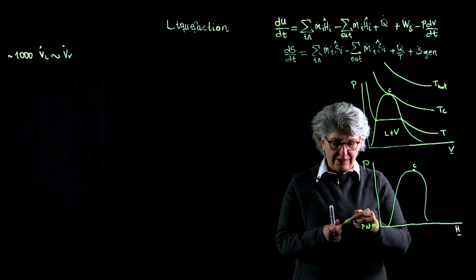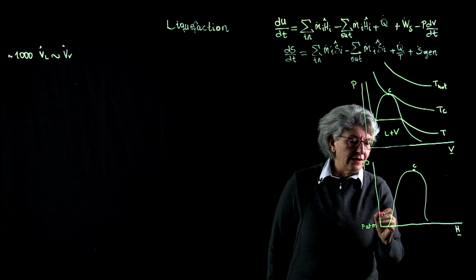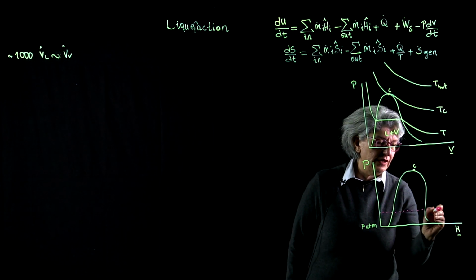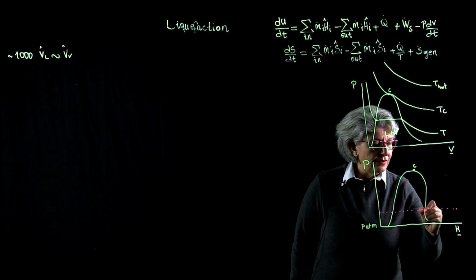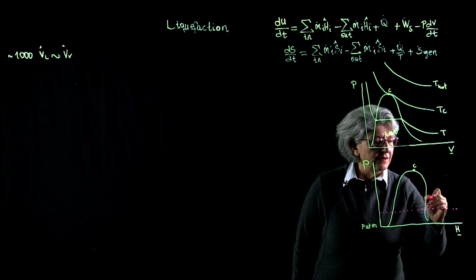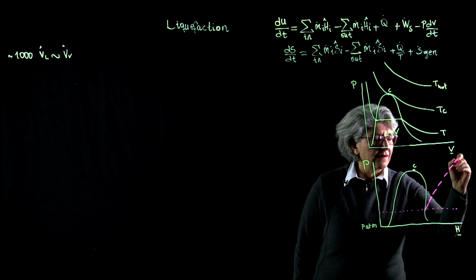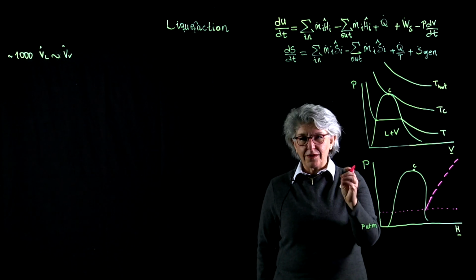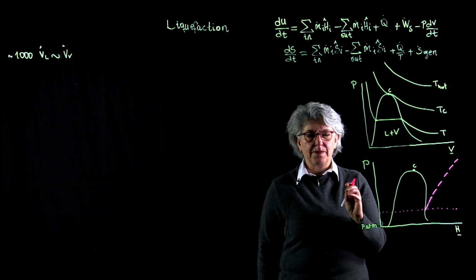Now, this PH diagram has isobars. So this is a constant pressure line, obviously, right? Isentropes, the constant entropy lines. With these isobars and isentropes, we will design our system.